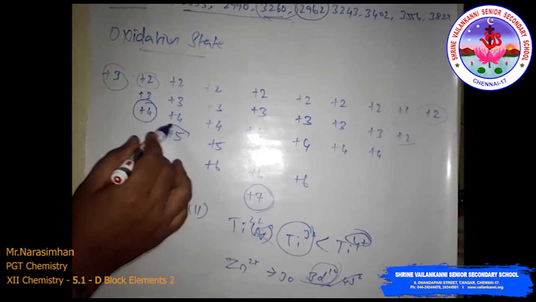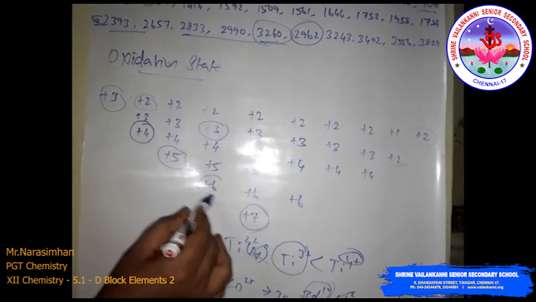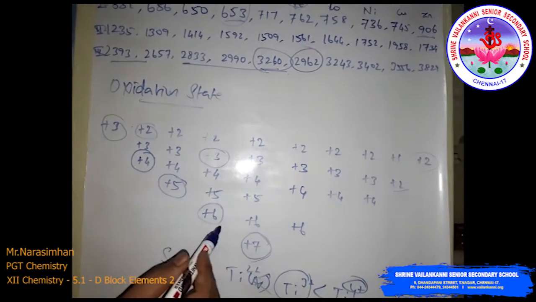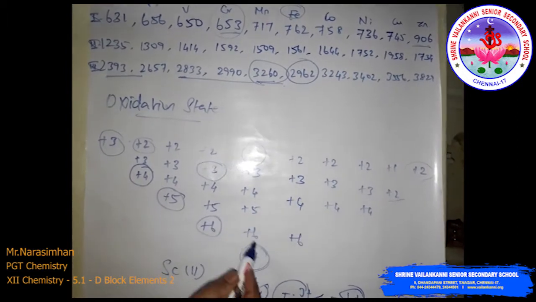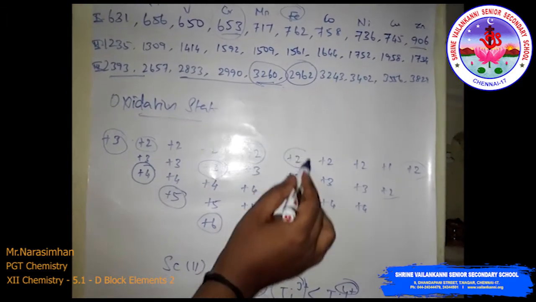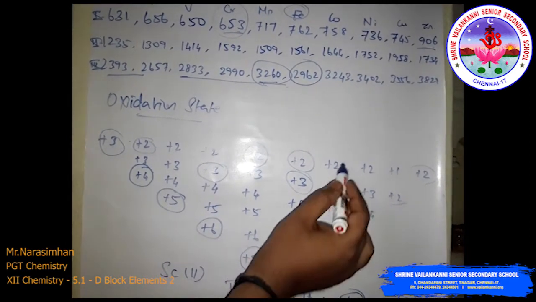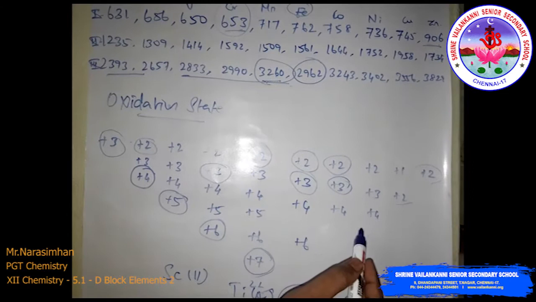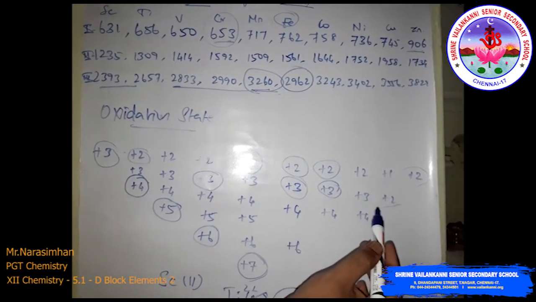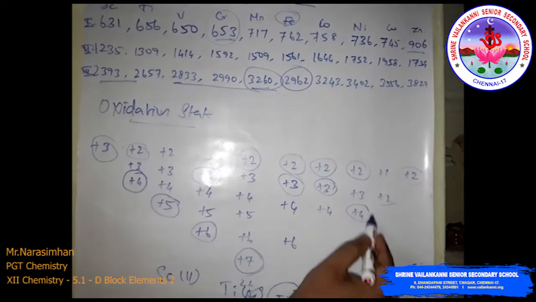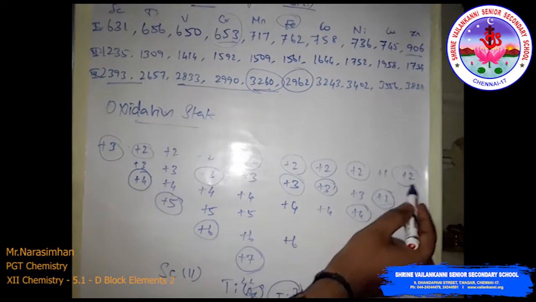For vanadium, the +5 oxidation state; chromium, +3 and +6; manganese, +2 and +7 are the stable oxidation states. Iron, +2 and +3 are stable. Cobalt, +2 and +3. Nickel, +2 and +4 are stable. Copper +2 is stable, and zinc +2 is also stable.